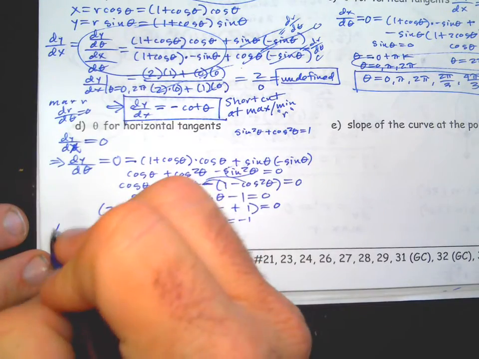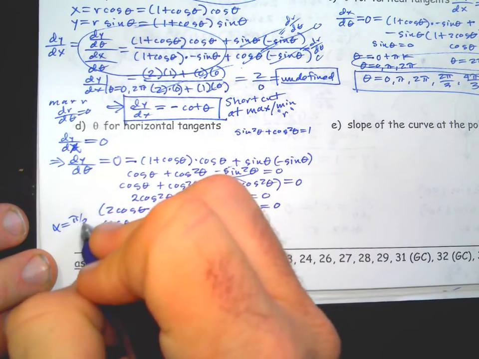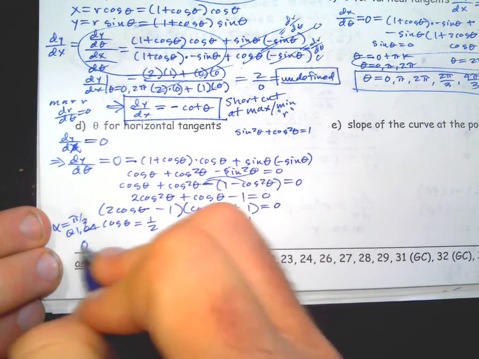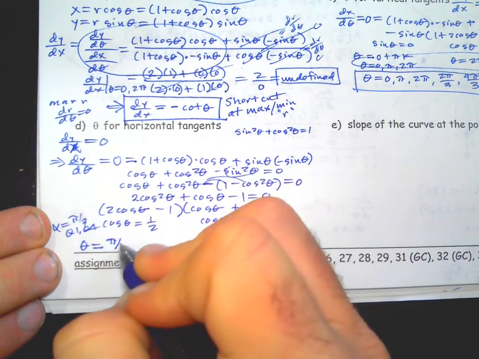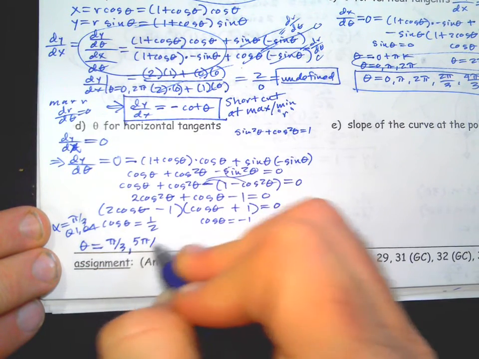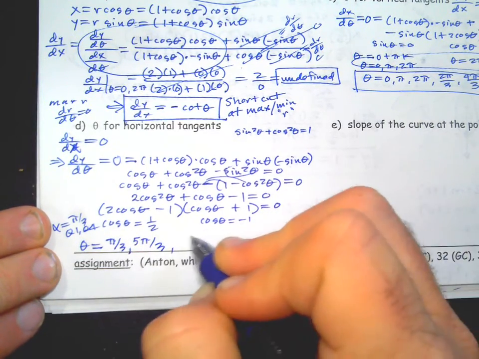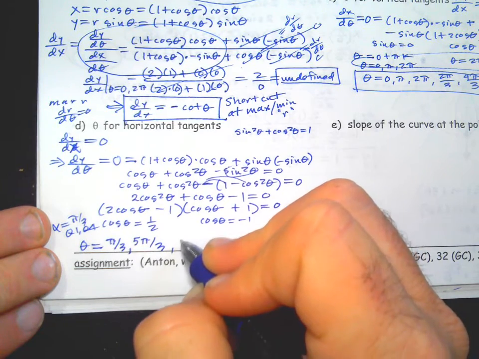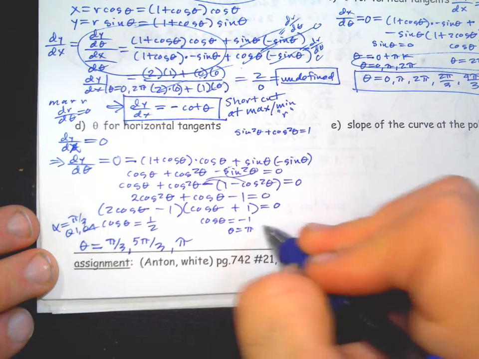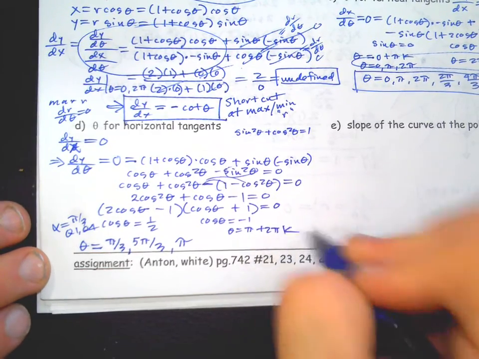So this is reference angle of pi over 3, quadrants 1 and 4. So theta equals pi over 3 and 5 pi over 3. And here, theta equals pi plus 2 pi k. So these are our answers here.